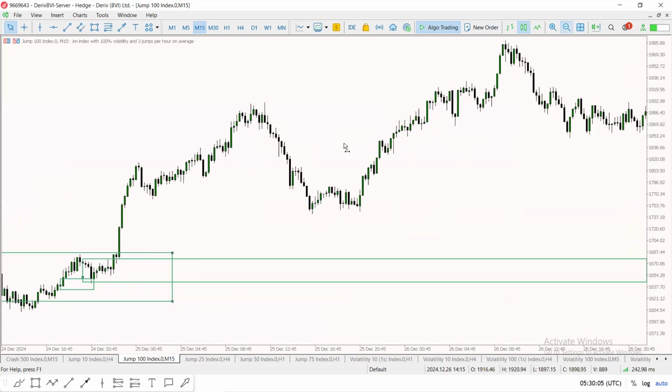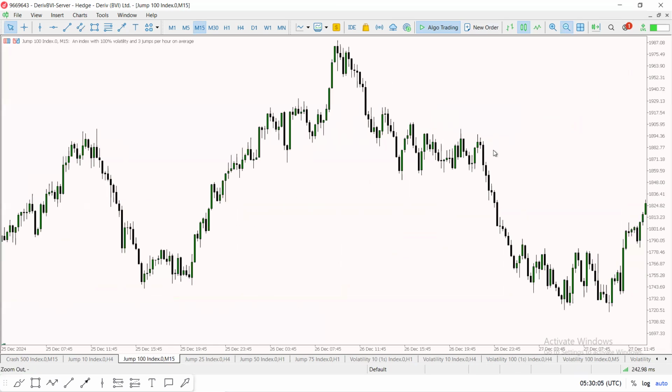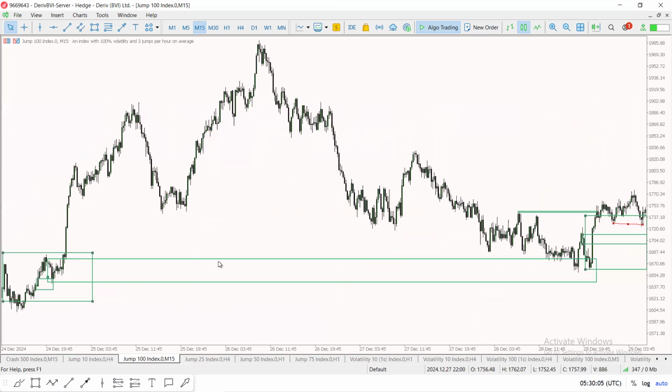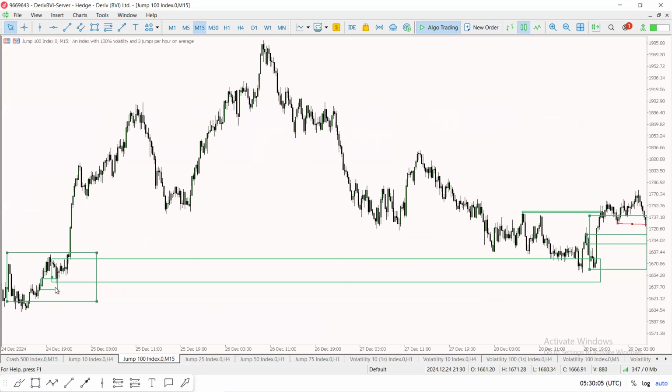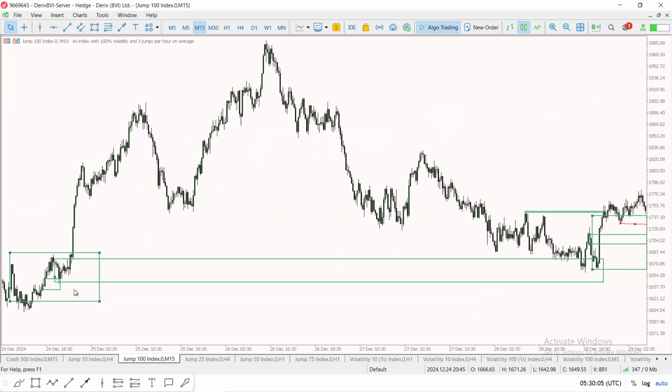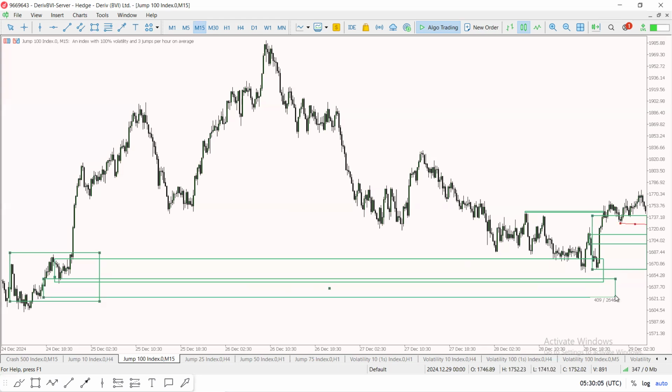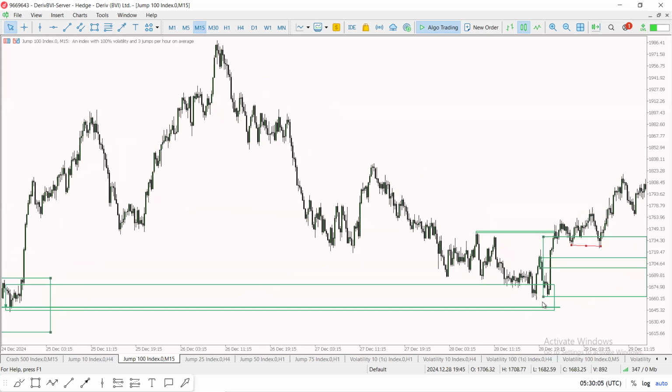If you go forward, you could see how price came towards the 50%, which was this midpoint. But in that case, it didn't also tap. This case was a situation whereby the 50% wasn't tapped.